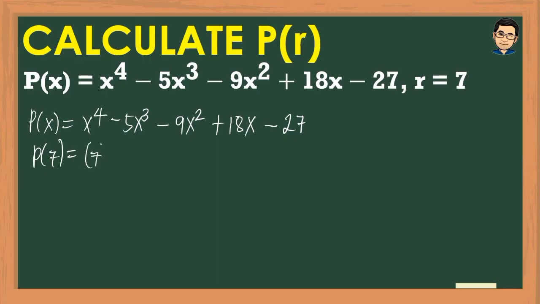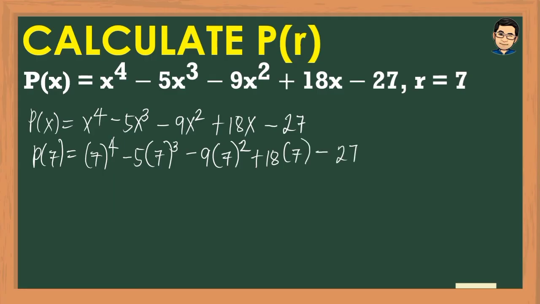So, 7 raised to the 4th power minus 5 times 7 cubed minus 9 times 7 squared plus 18 times 7 minus 27.